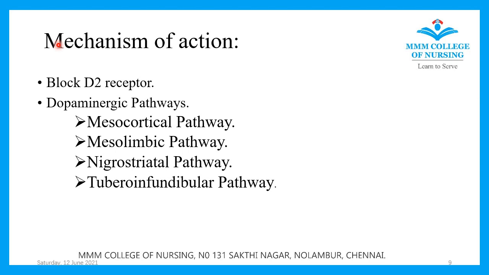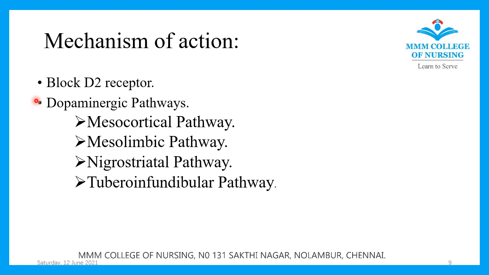The mechanism of action. How both typical and atypical antipsychotics work. They block the dopaminergic signaling in the central nervous system, specifically as type 2 dopamine receptor antagonists, the D2 receptor.